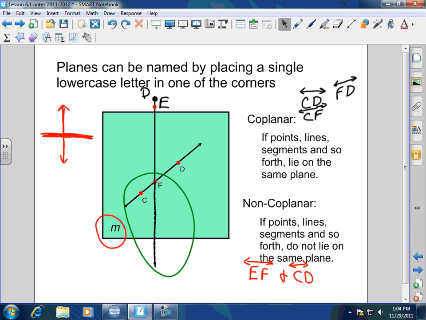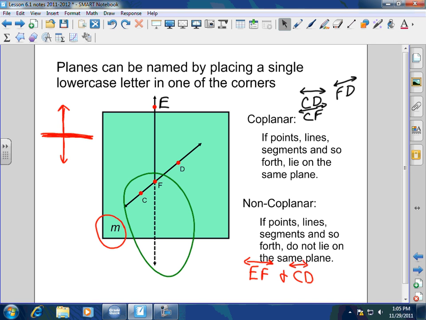Okay, guys. It is outside of the box because I am trying to illustrate the fact that EF is going through the plane. It's not on the plane, but it's going through the plane.